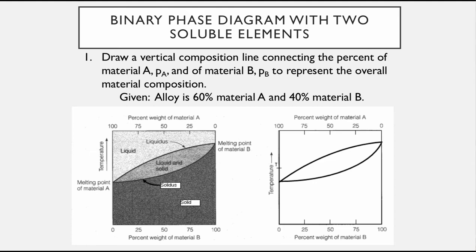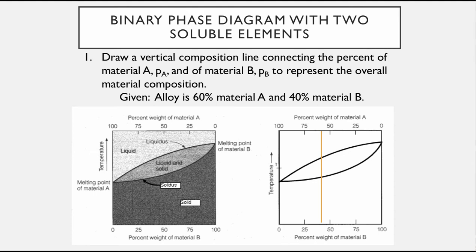We're going to do an example for an alloy that's 60% material A and 40% material B, so we immediately can represent our composition doing step one on your handout, and that's to draw a vertical line that represents your composition. We want to label the points, 60% and 40%, and the labels that we use are very important because they come up later in formulas.